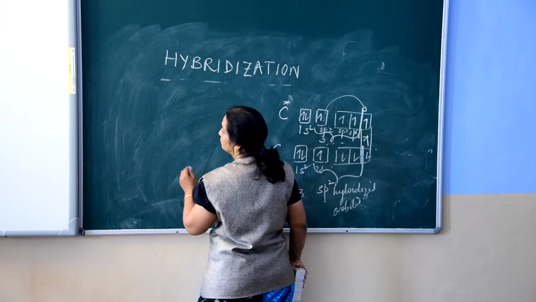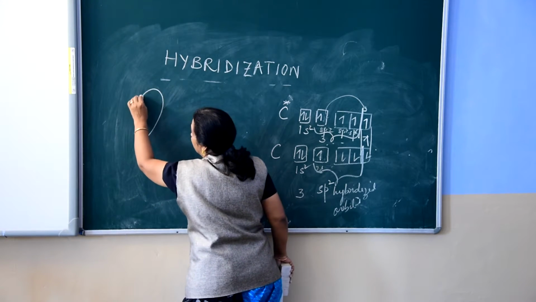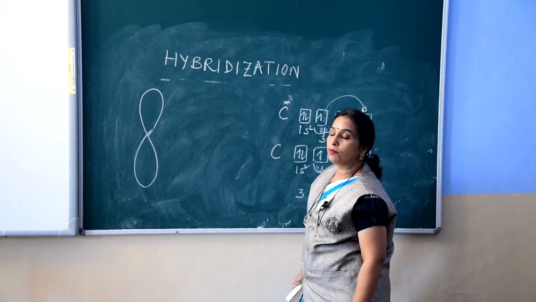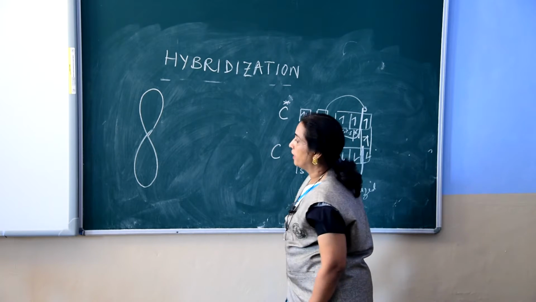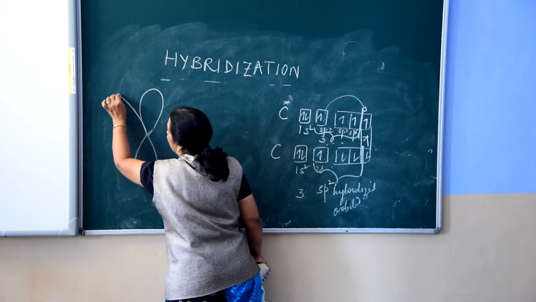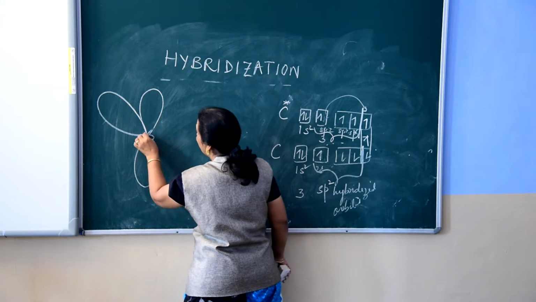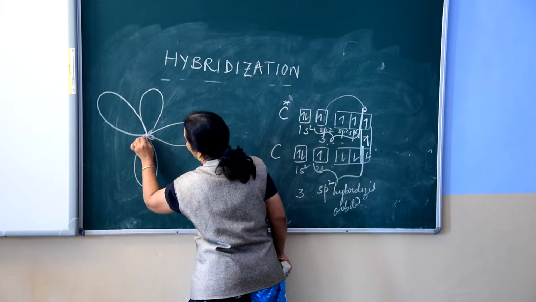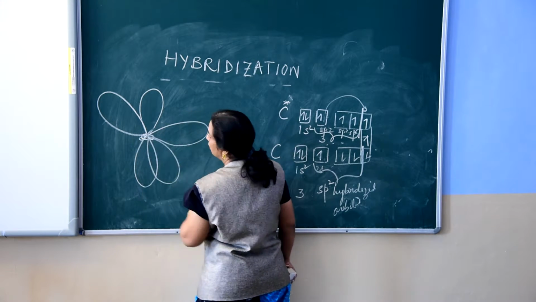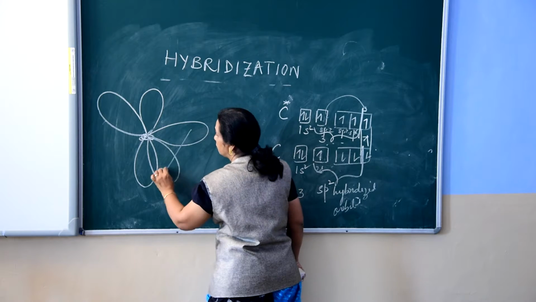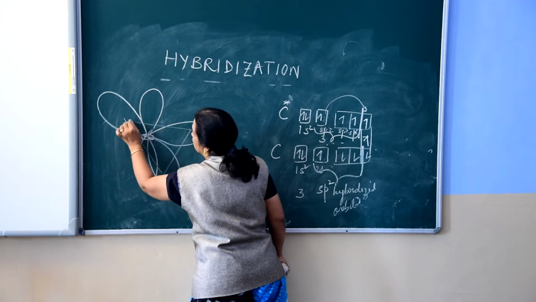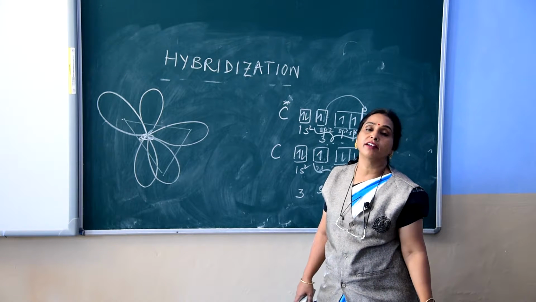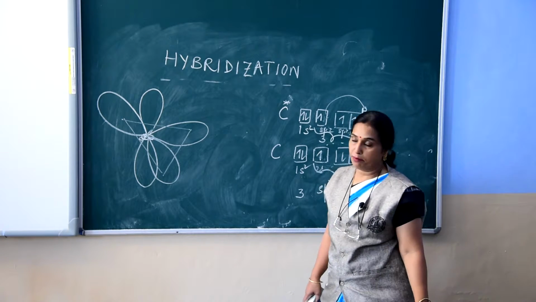For example, this is the p lobe of one of the carbon atoms which is not involved in hybridization. 3 of the lobes are undergoing hybridization, the first lobe, the second lobe and the third lobe. These 3 will form a trigonal planar structure having a bond angle of 120 degrees between them.